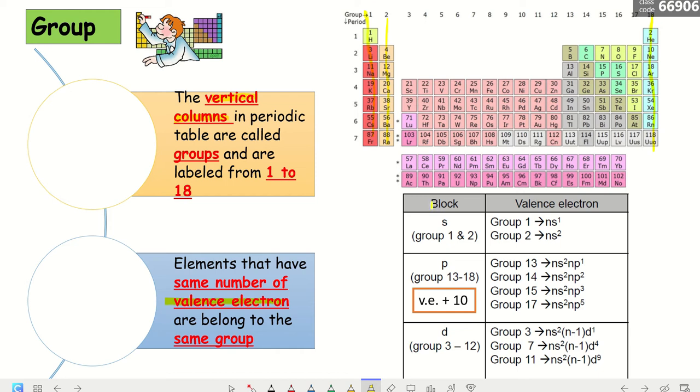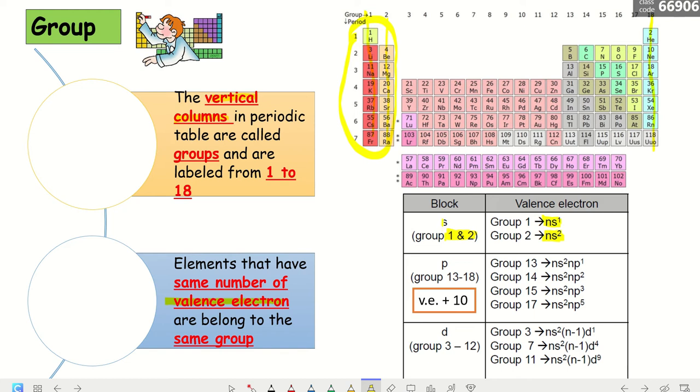For example, the s block contains group 1 and group 2. For group 1, the valence electronic configuration is ns1, so it consists of one valence electron, therefore it is in group 1. For group 2, the valence electronic configuration is ns2, so it consists of 2 electrons.